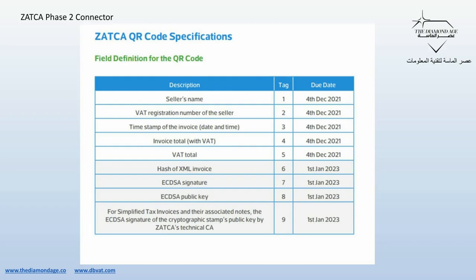Starting from January 2023, the ZATCA requirement is to integrate your e-POS system and your e-invoice directly with the ZATCA servers to get the QR, the invoice hash, and the clearance through some requirements, and I will explain it after a few slides.